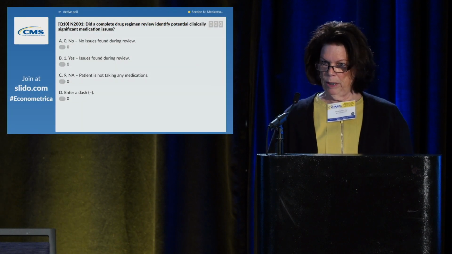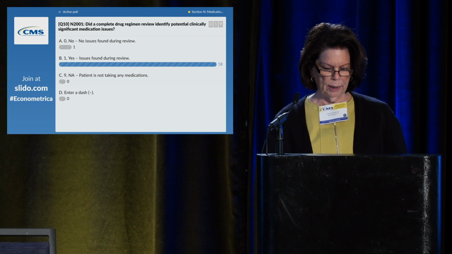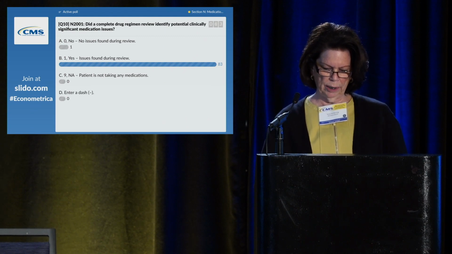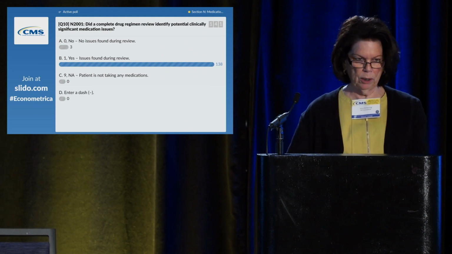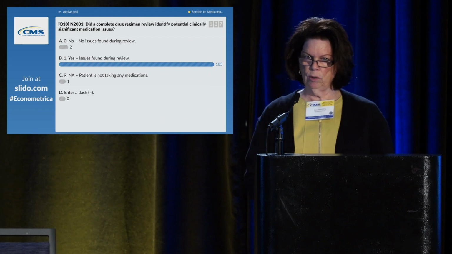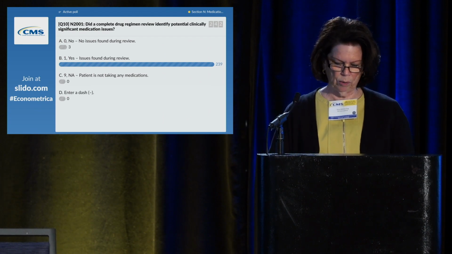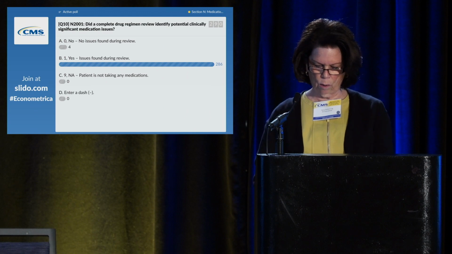So for this scenario, for purposes of coding N2001, did a complete drug regimen review identify potential clinically significant medication issues? And your response options are A, 0, no issues found during the review, B, 1, yes, issues found during the review, C, 9, not applicable, patient is not taking any medications, or D, enter a dash.